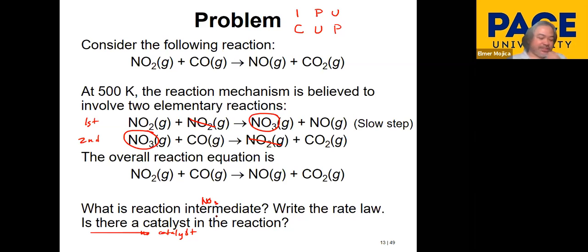Now the question is, what is the rate law? How are we going to write the rate law here? So rate is equal to what? k times... Do you follow why this is the rate law?